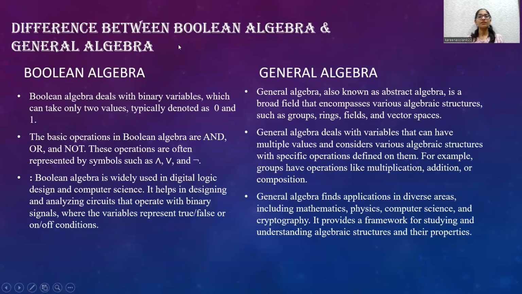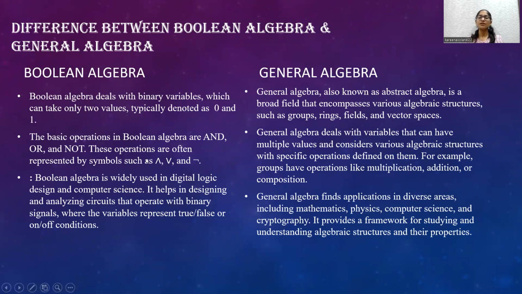So let us have a look at the difference between Boolean algebra and general algebra. Boolean algebra deals with binary values, which can take only two values, typically either 0 or 1. Whereas general algebra, also known as abstract algebra, is a broad field that can have various algebraic structures such as groups, rings, fields and vector spaces.